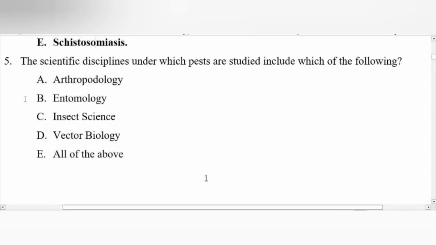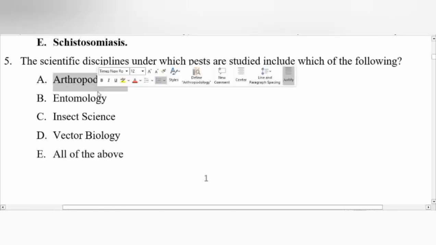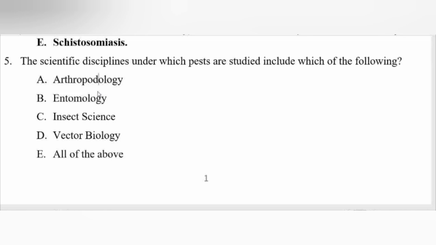Ladies and gentlemen, we've already talked about anthropology a lot, and so by now you know that anthropology should be one of the disciplines under which pests are studied. We mentioned medical anthropology, for example, and then also maybe agricultural anthropology for those who are interested in agri science or biological sciences.